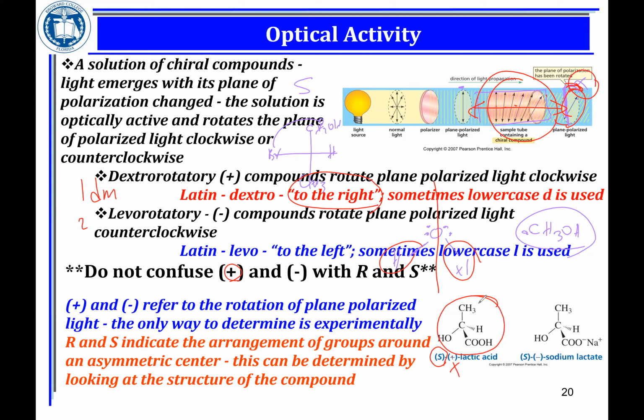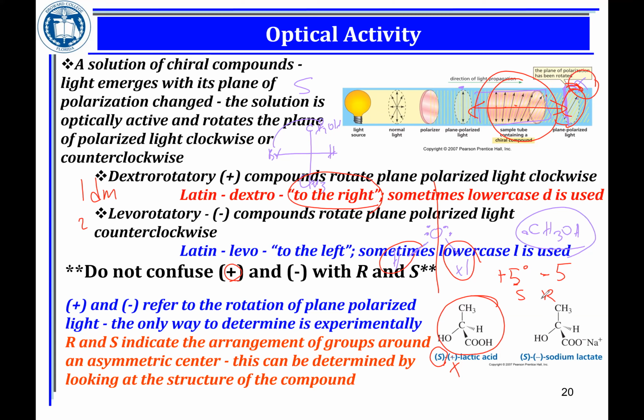That's one point. Point 2, if you have a pure sample of a pair of enantiomers, one is S, the other one is R. If S rotates the light by 5 degrees, the specific rotation for S is 5, for R is going to be minus 5. If one is plus 5, the other one is minus 5.